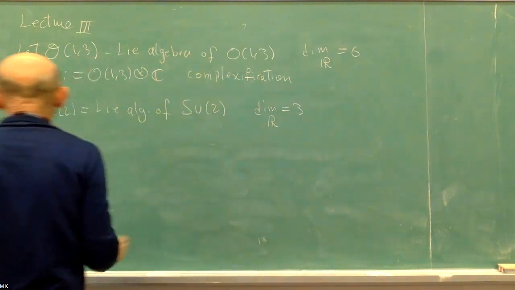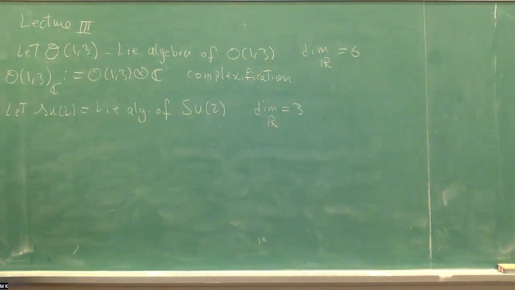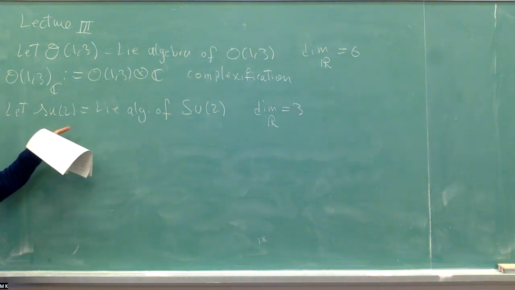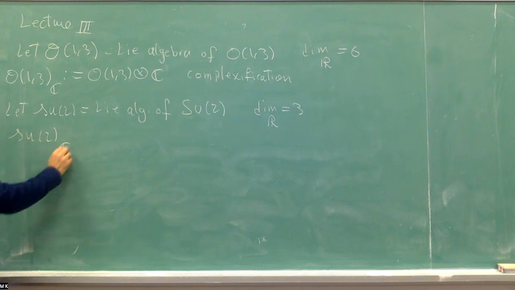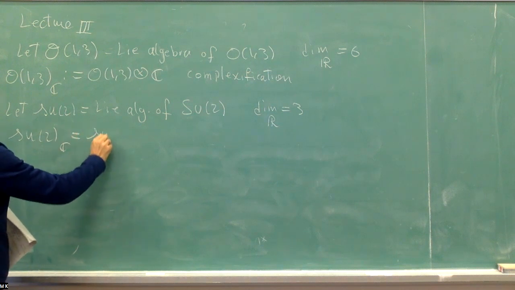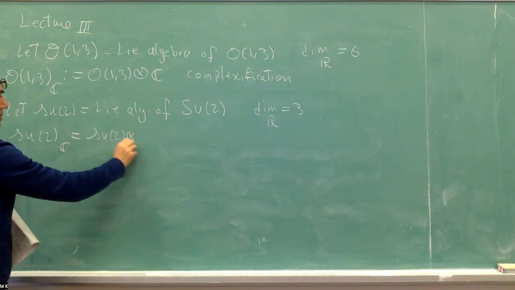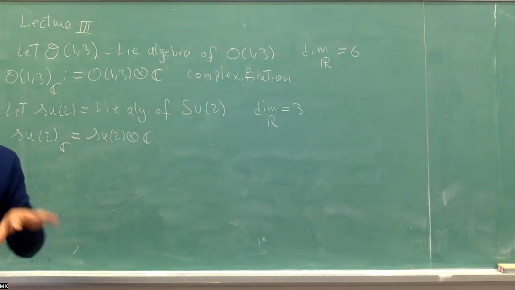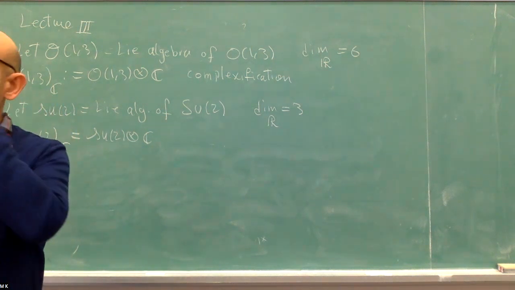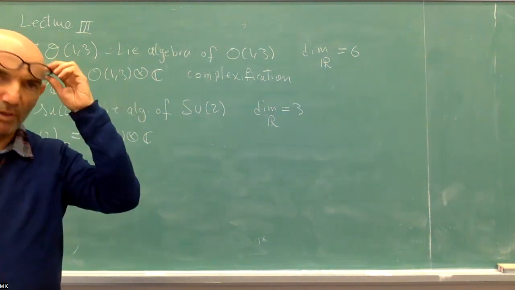We also want to complexify this, so we define su(2)_C to be su(2) tensor C. That's also a complexification. So we took these two real Lie algebras, one of dimension 6, the other of dimension 3.